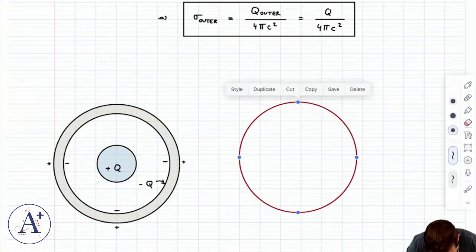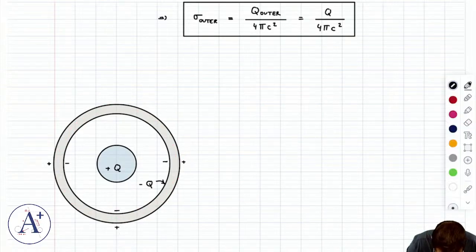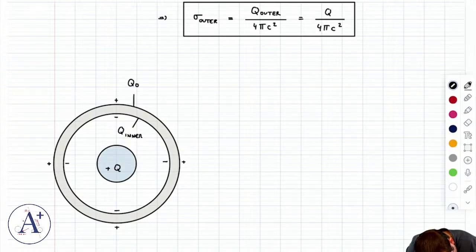So let me get rid of this and fix this up real quick. We're going to have Q inner here, Q outer here. We know what they are, so that's nice.